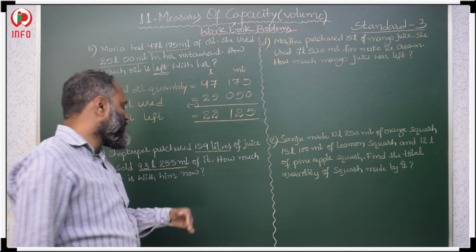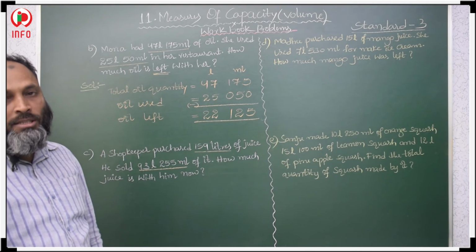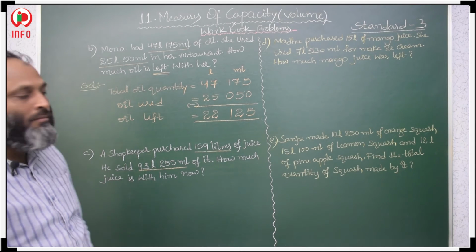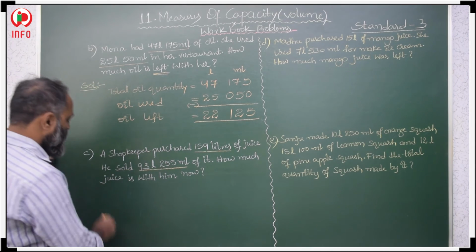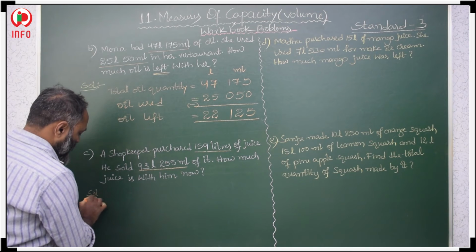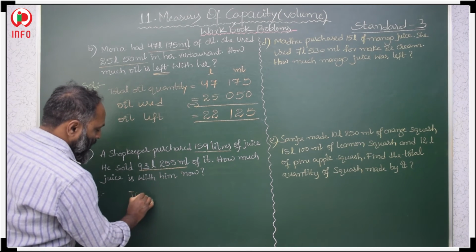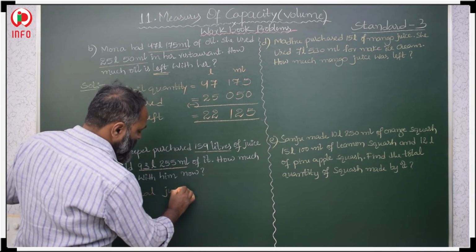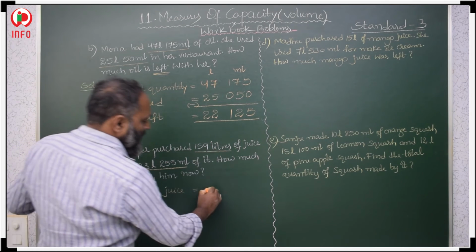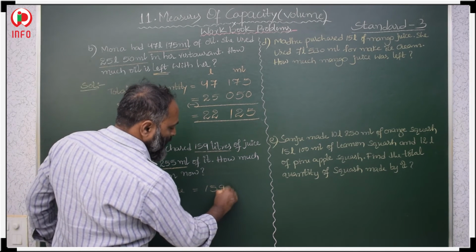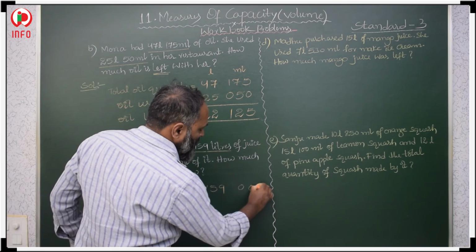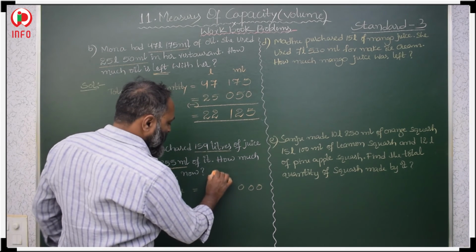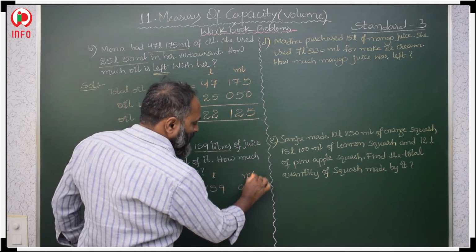Then how much juice is left with him? We should subtract here. From the total, what he sold, that we subtract. Total juice, how much? 159 liters. Here no milliliters means 0, 0, 0. This is liters, this is milliliters.